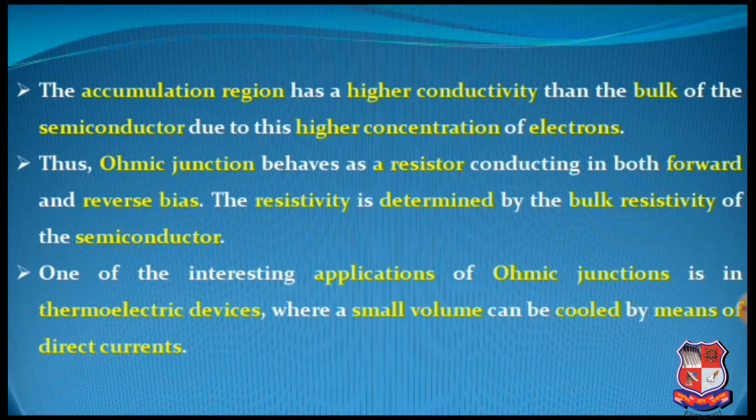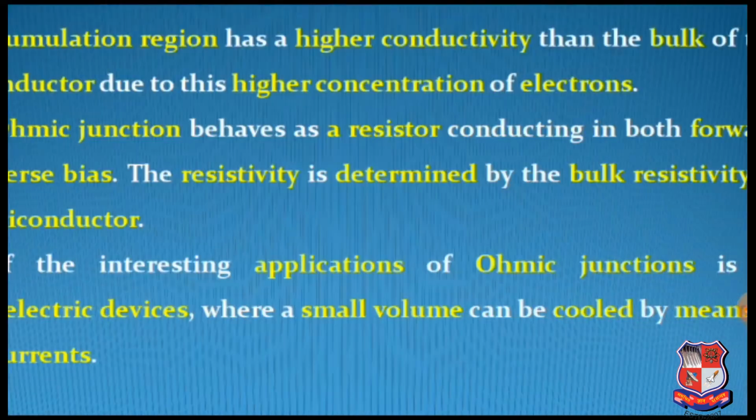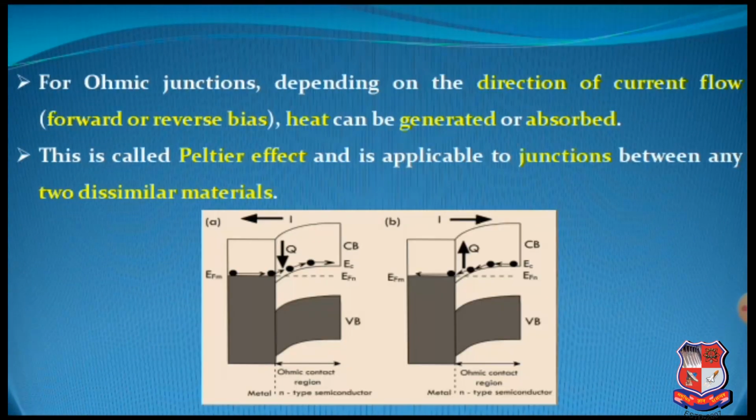So these are the applications of the combination of metal and semiconductor. For the ohmic junction, depending on the direction of the current flow, that is forward or reverse bias, heat can be generated or absorbed. This is the well-known Peltier effect and is applicable to junctions between any two dissimilar materials.